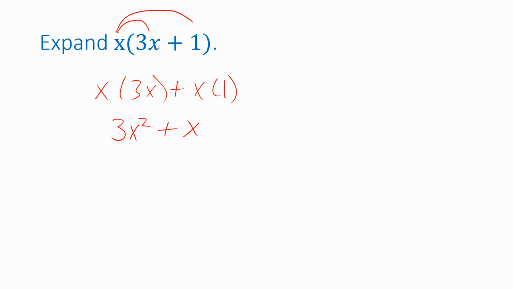And just as a quick review, how did I get 3x squared here? So I have x times 3 times x, and you're allowed to multiply those together in any order you want. Just like if I had 2 times 3 times 4, I could write 3 times 2 times 4, or 4 times 3 times 2, and I would always get the same answer.